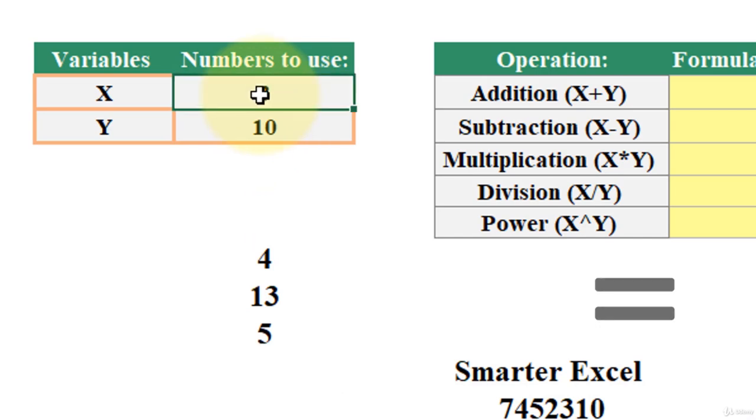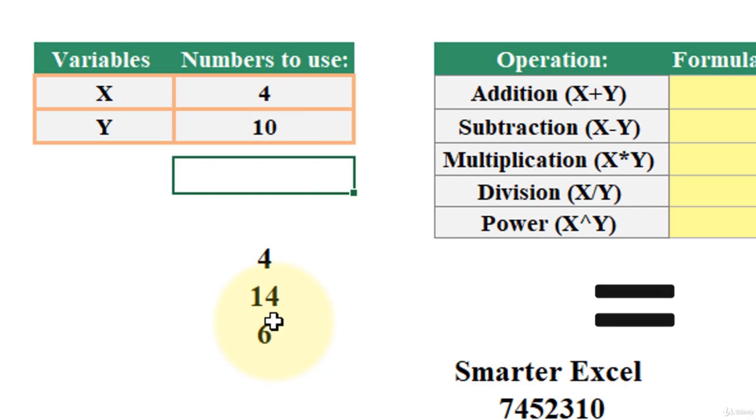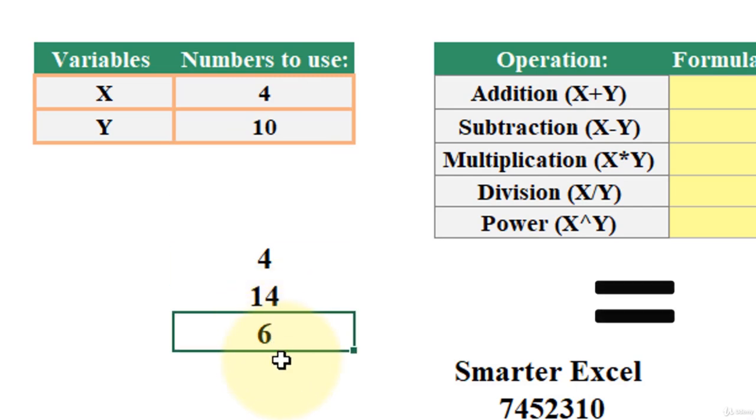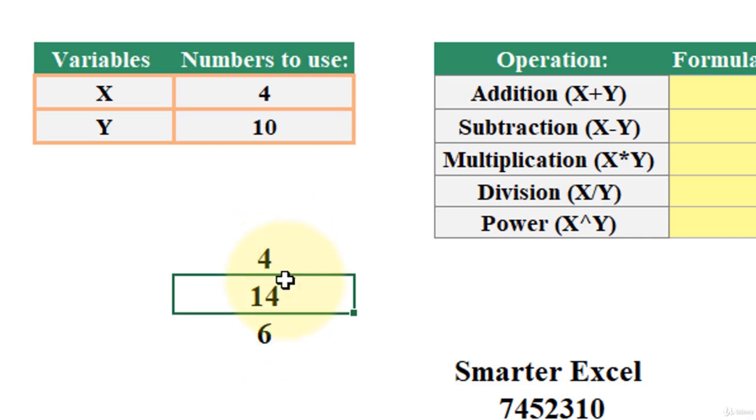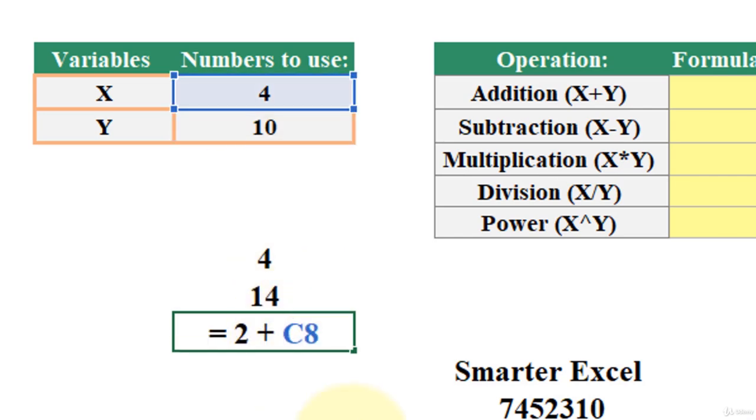The final result will depend on the cell reference. If you update the cell reference to, for example, 4, the final result will automatically change. So you can add constant and constant, or cell reference and cell reference, or one constant and one cell reference.